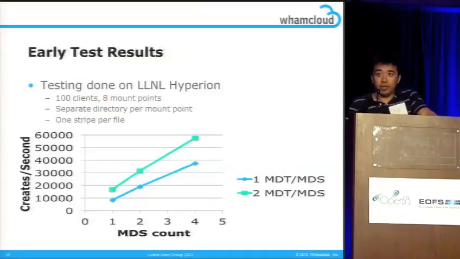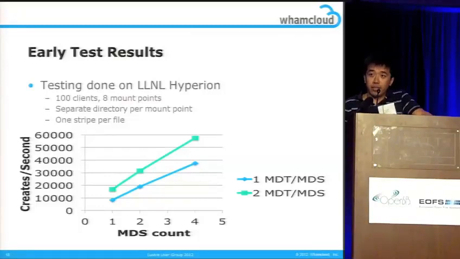And that's the last page. There are some early test results, and we did that on Hyperion. There are 100 clients. Each client has 8 mount points, so it's 800 mount points in total.